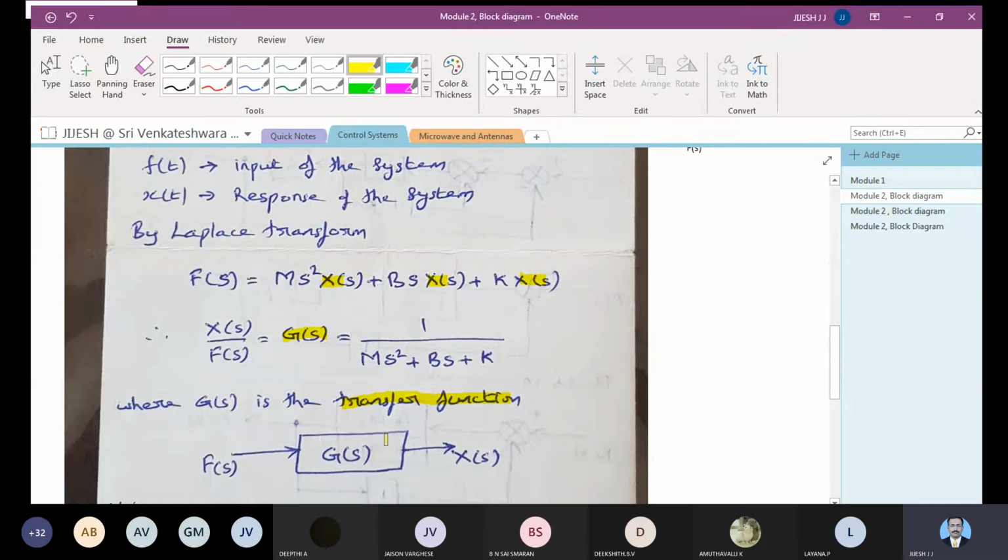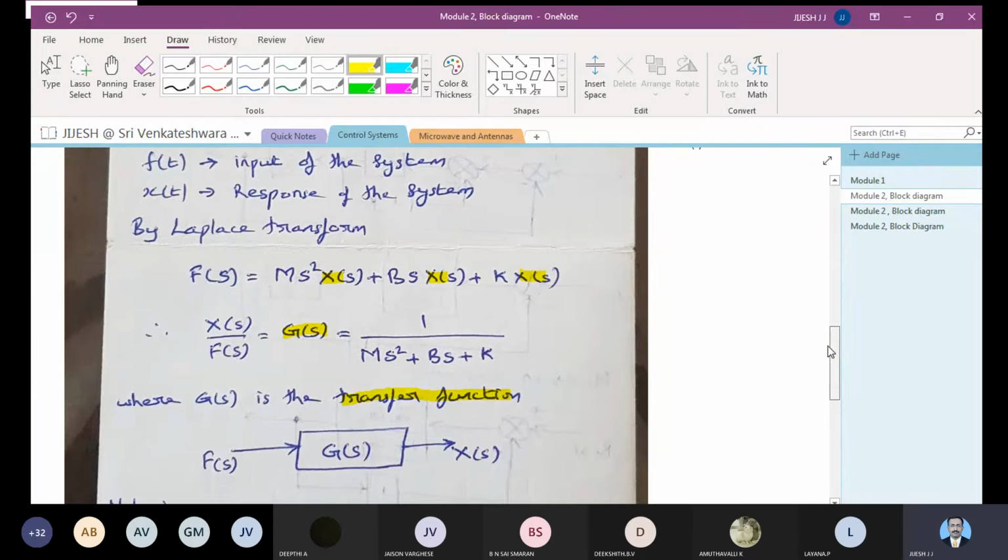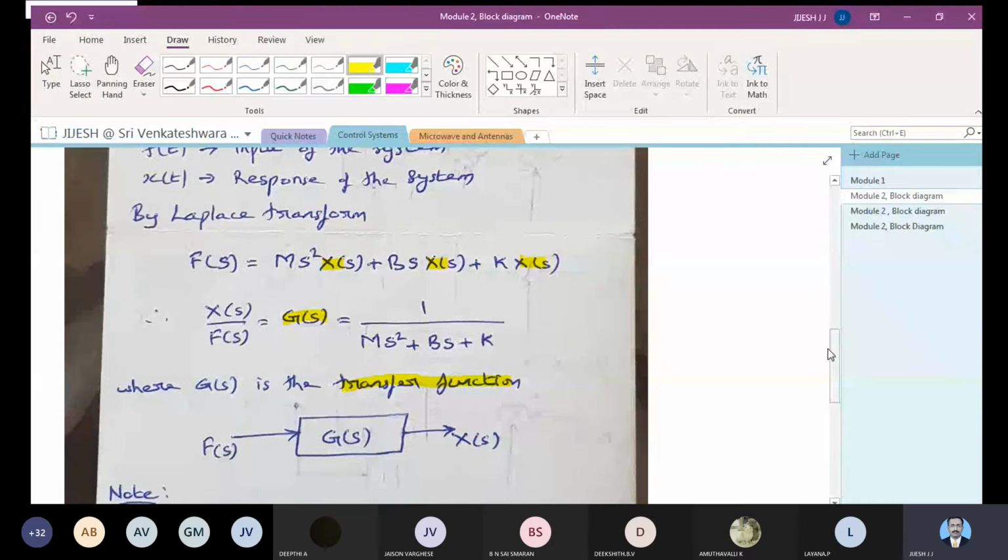This g of s is the transfer function. You need to remember that in most cases we will be using g of s for the transfer function. It is the ratio of output to input, that is x of s divided by f of s, for any of the figures or any of the problems.